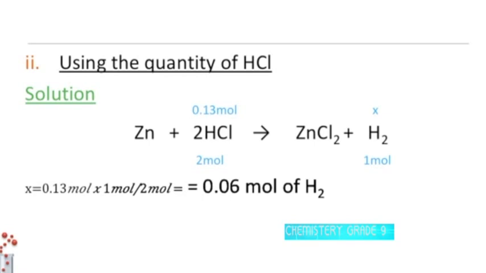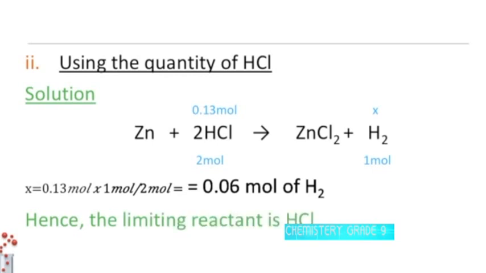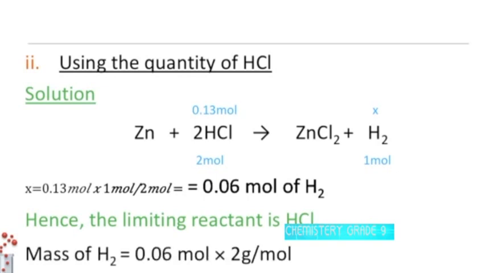We get 0.06 moles of hydrogen. That means the limiting reactant is the hydrochloric acid. That's because we make less hydrogen if we use this quantity. So the mass of hydrogen that's created is 0.12 grams.